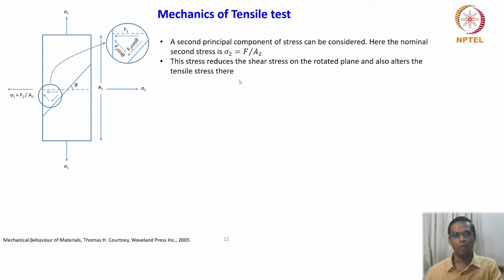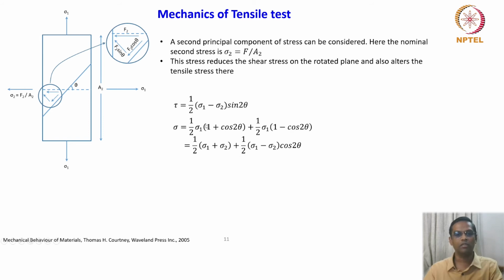We are talking about a biaxial tension. So the secondary principal component of the stress is going to reduce the shear stress that is already there in the uniaxial tensile test. So here the maximum shear stress is given by the difference in the two principal stresses times the sine 2 theta.